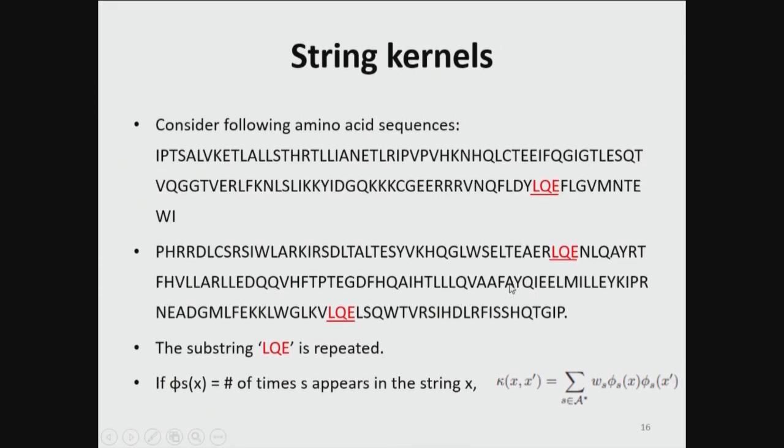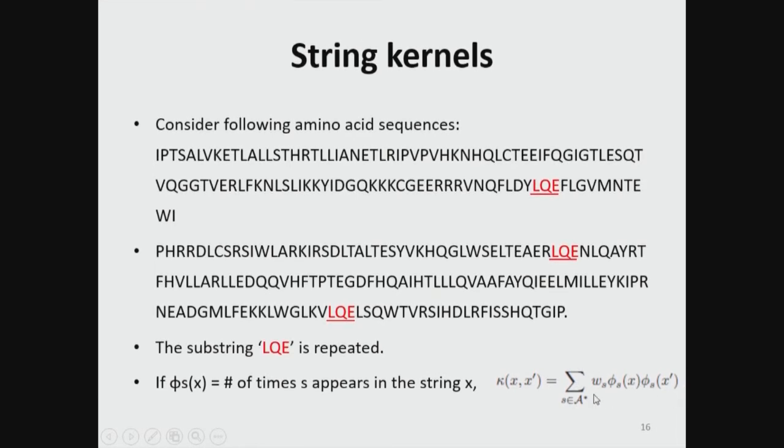In this illustration, if S is LQE, and x being the first string, x dash being the second string, phi S of x will be equal to 1 and phi S of x dash will be equal to 2.